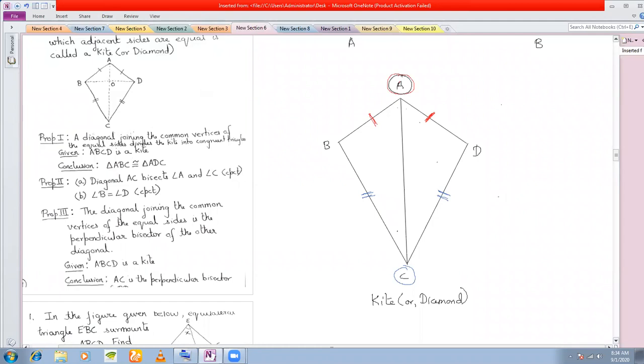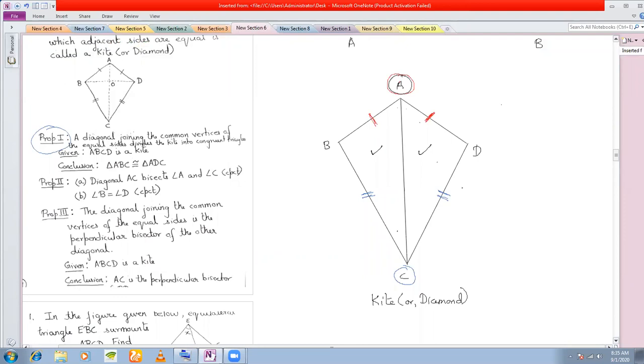Now this is a special diagonal, and this is our property 1. What this diagonal does is that it divides the kite into two congruent triangles.